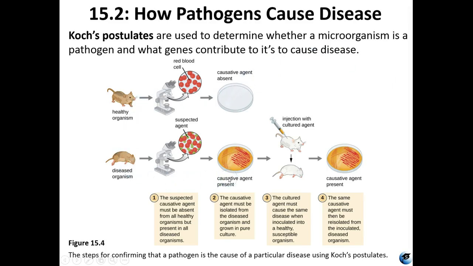And then you have to isolate that causative agent, and then you can put that causative agent into a healthy individual and see that the causative agent is present in the infected individual and that they have undergone illness as a result. So this is how you confirm a pathogen is the cause of a particular disease using these postulates.